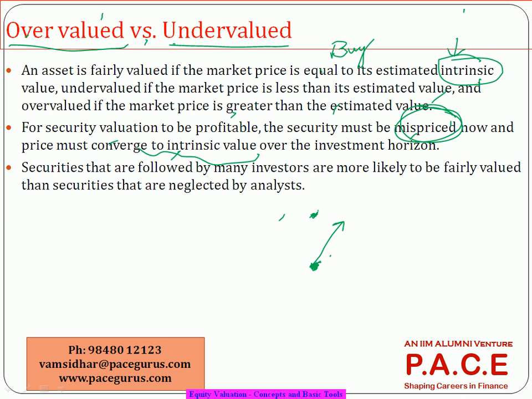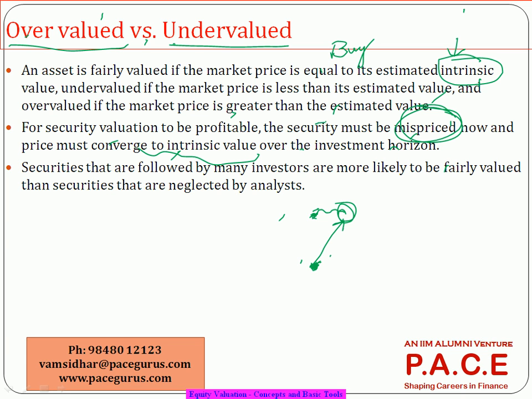After some period, it may so happen that the intrinsic value meets more or less the market value. That gap actually gets reduced. That is the prime intention of valuation, and then making your buy or sell decision based on the valuation. Right?